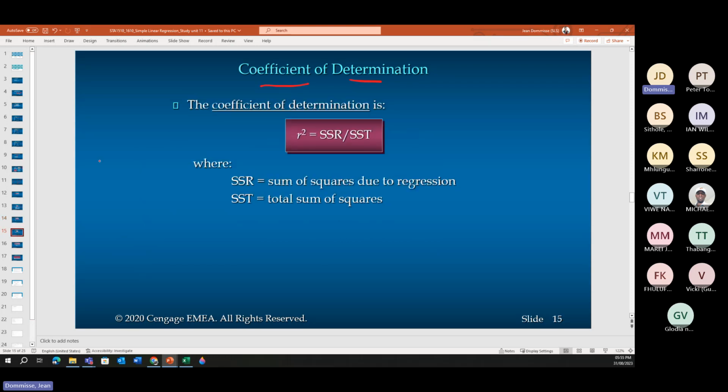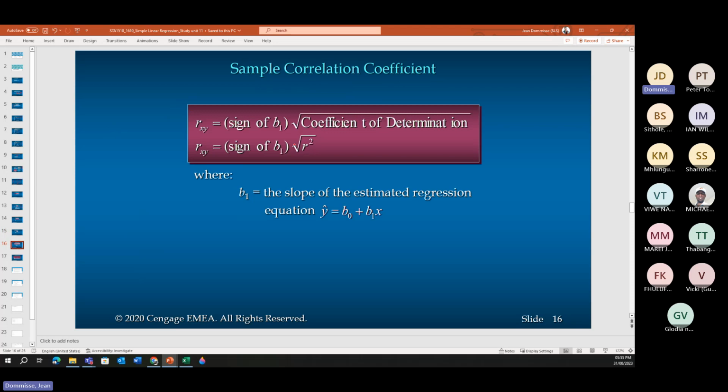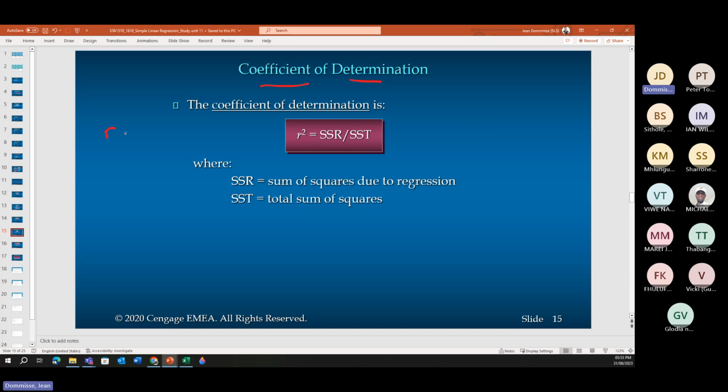Another way is on your calculators: you will see there's not a coefficient of determination, but there is R. So just the normal R, that is your relationship one, your correlation coefficient. That is on all your scientific and your financial calculators.